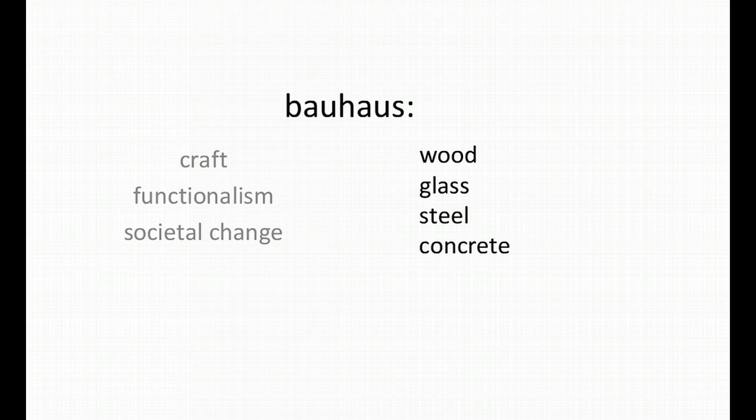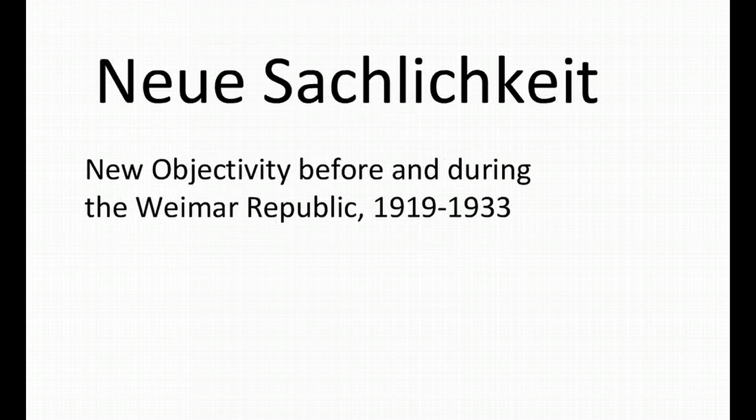That's one side of the German coin. The other side of the German coin, and what we're going to look at first, is a group called Neue Sachlichkeit. You don't need to know that name, and you don't need to know how to pronounce it, but you do need to know that Neue Sachlichkeit is German for new objectivity.